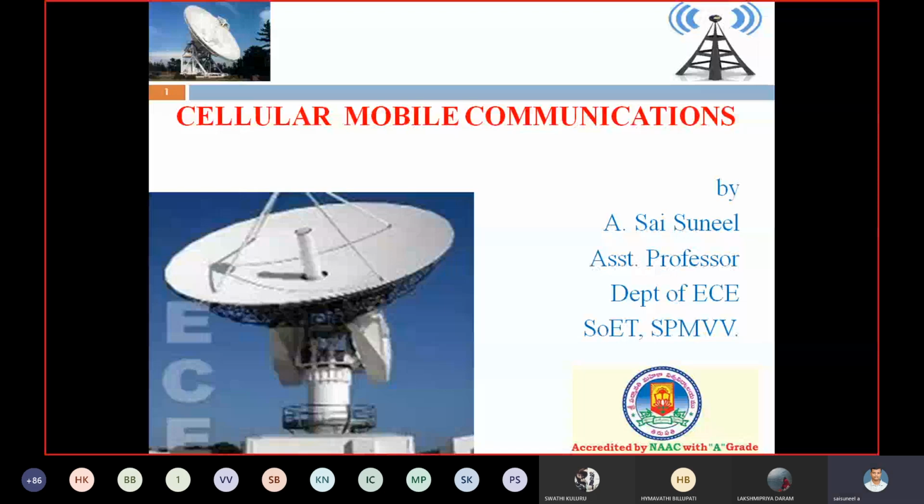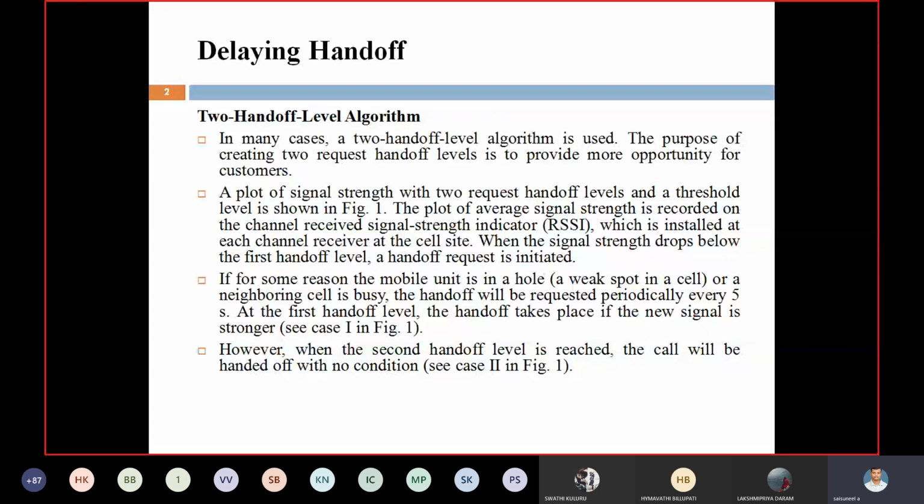The first type of handoff technique is delaying handoff. The other name for delaying handoff is the two-level handoff. This two-level handoff or delaying handoff is what we use in most cases at present.